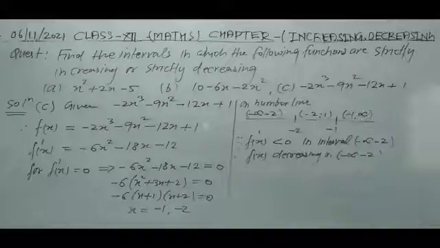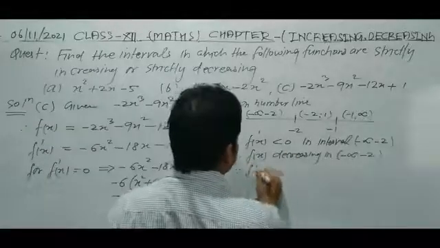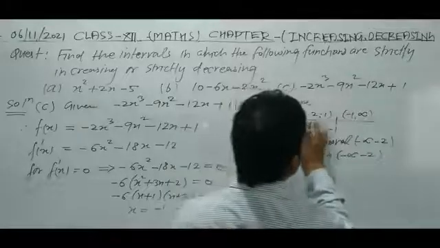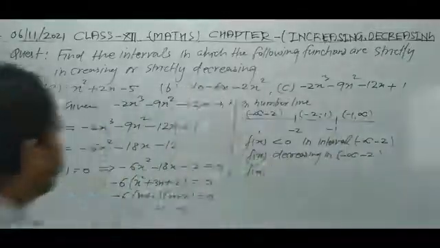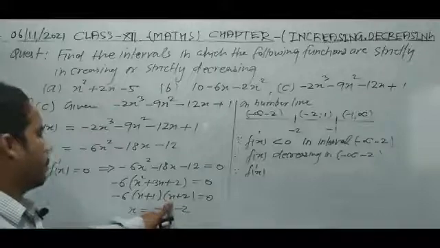Now I will come to the next one. Since f dash x in minus 2 to minus 1, what will the result be?